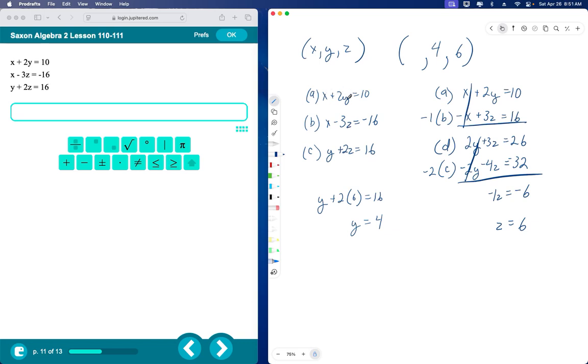So now I can go up here where my A is, and it says x plus 2y. That's 4 is equal to 10. 2 times 4 is 8. Subtract 8 from both sides. X is equal to 2. So 2, 4, 6 is my solution. I'm going to go ahead and type it in just to double check. 2, 4, 6.